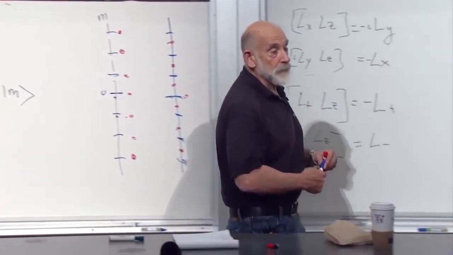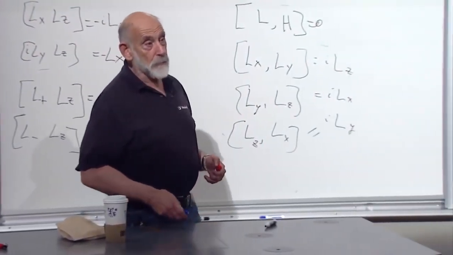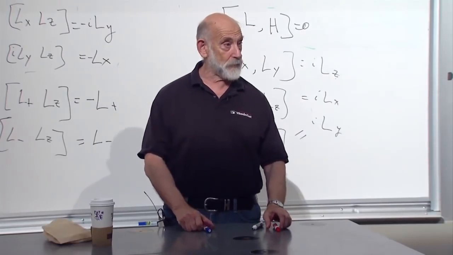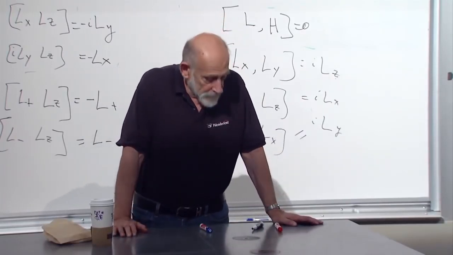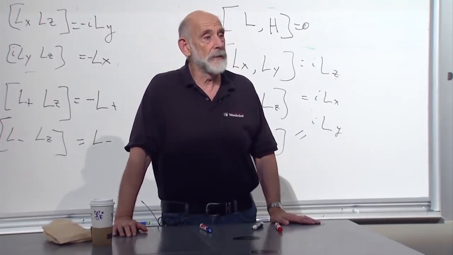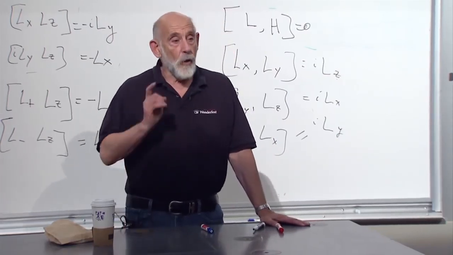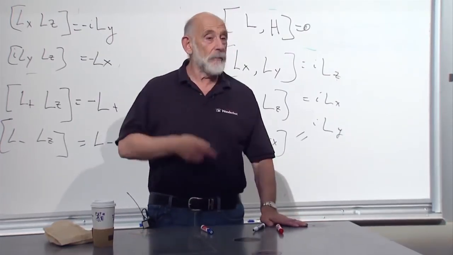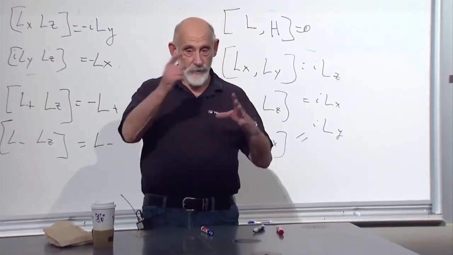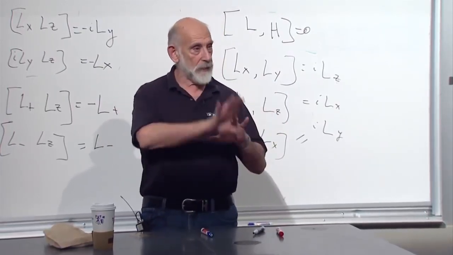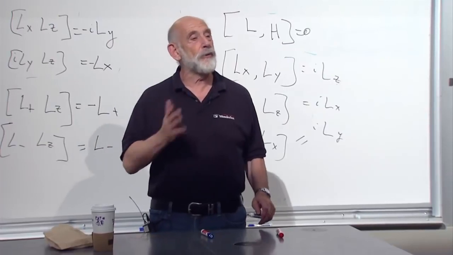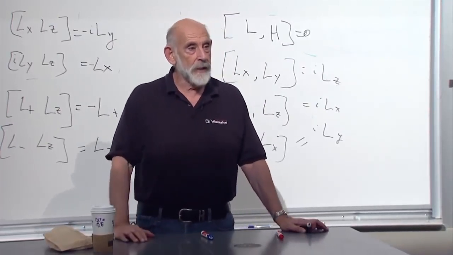Now, you mentioned before that I'd already sort of proved that the spectrum is integer, and I did. And that's correct. That is correct for orbital angular momentum. Orbital angular momentum means r cross p. It means wave functions of particles that depend on position. And how did we prove that? You remember how we proved it?